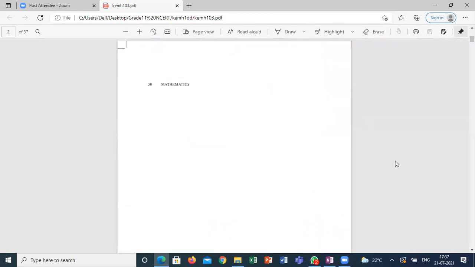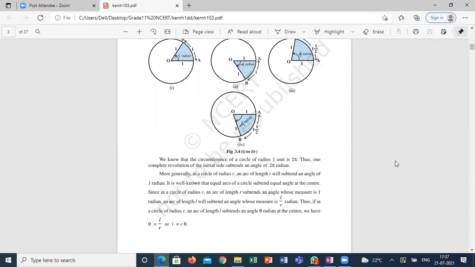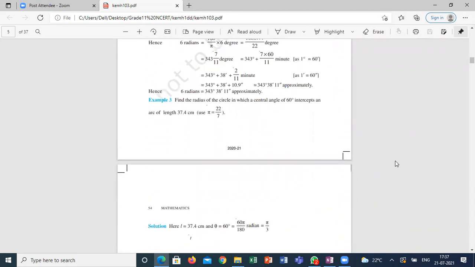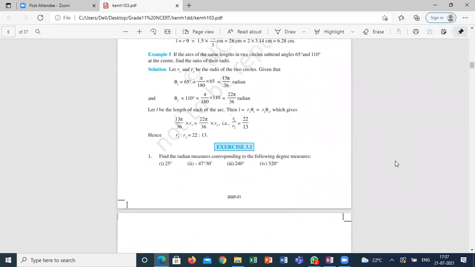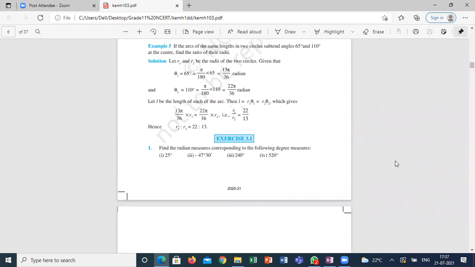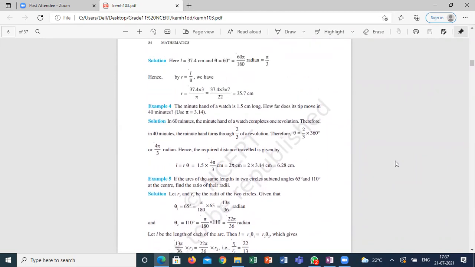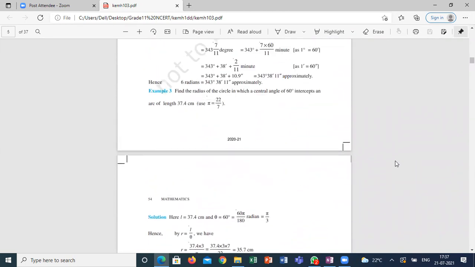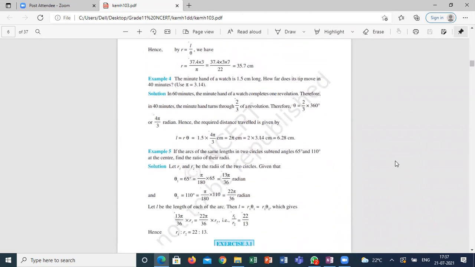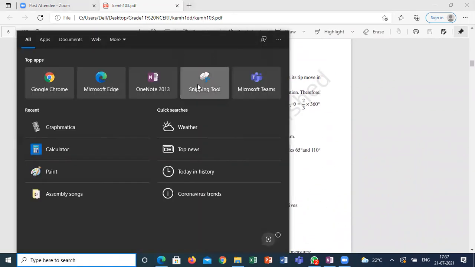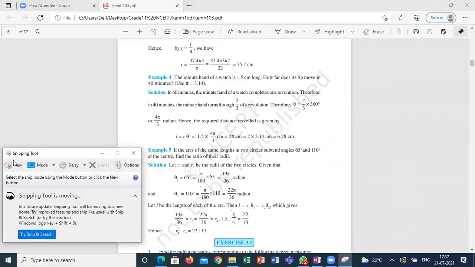Usually we will face one-mark conversions and clock problems, like the minute hand of a clock rotated this many times, and what is the angle rotated by the hour hand. Questions like that we might face. I think we are done with the third example. We'll move to the fourth example. We'll see the examples here also.